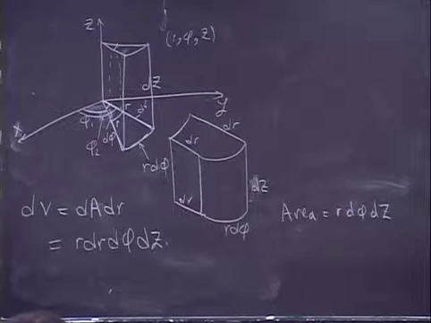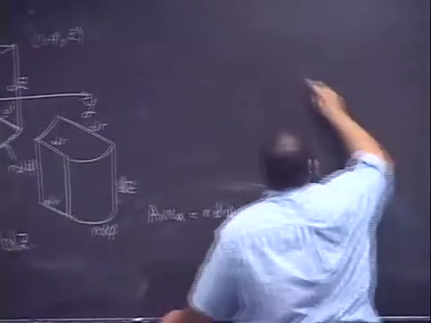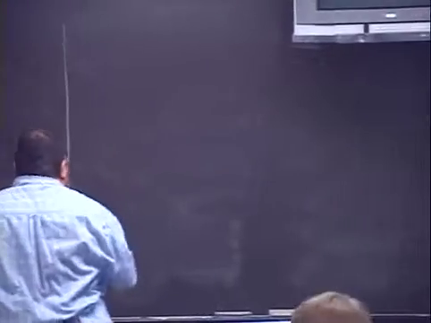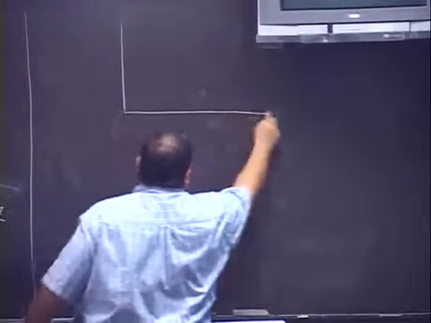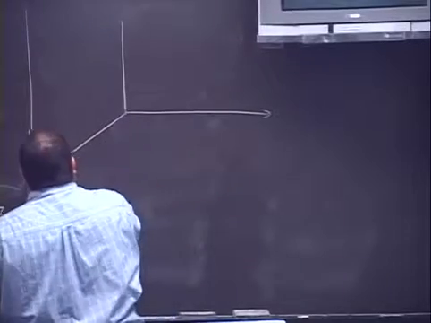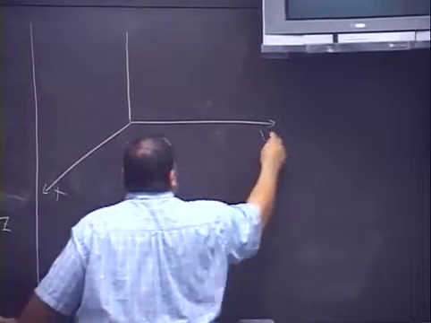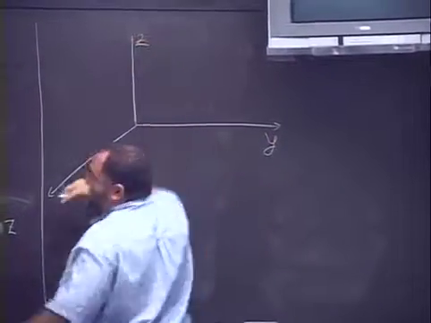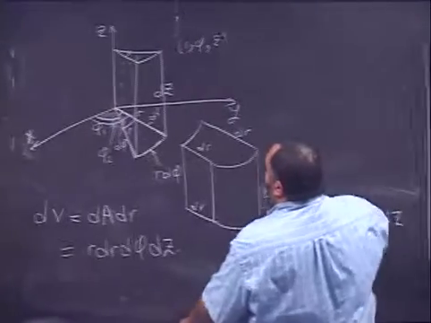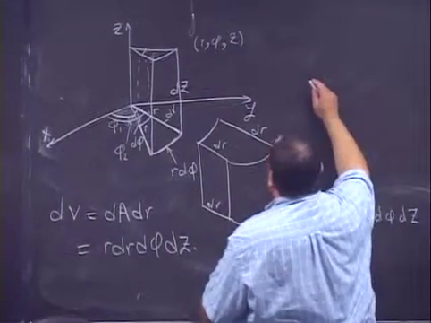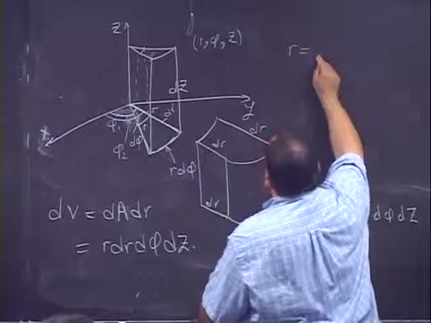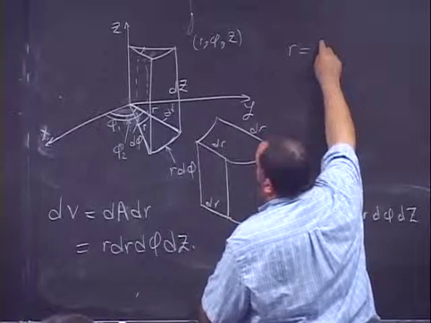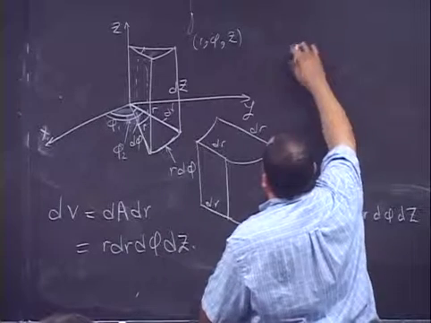So for spherical geometry, this is the coordinate system again with respect to x, y, and z. And before I leave, what's x?